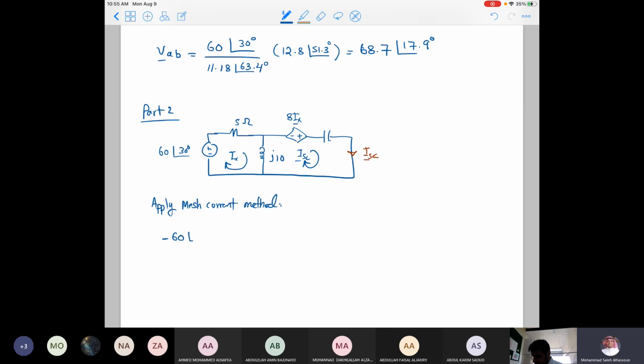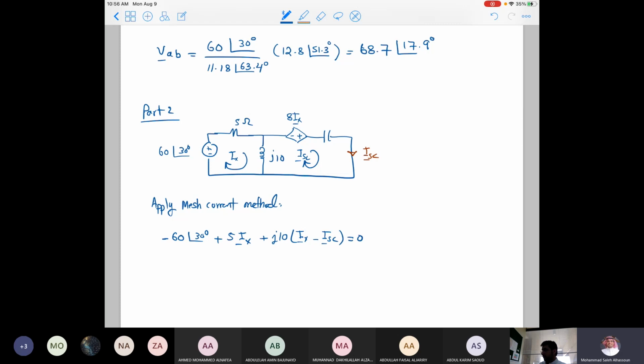So minus 60 angle 30 plus 5 Ix plus j10 (Ix minus I short circuit) equals 0.